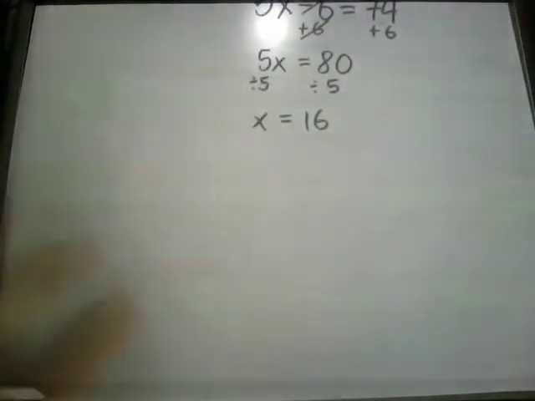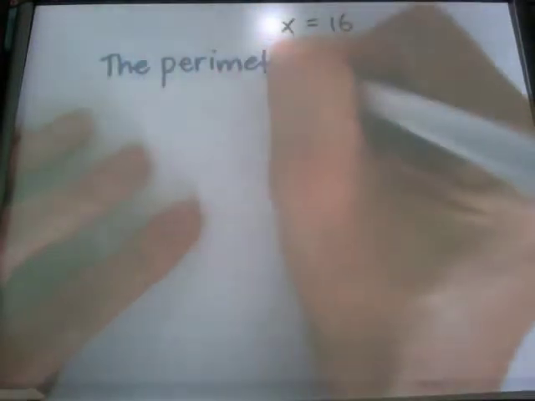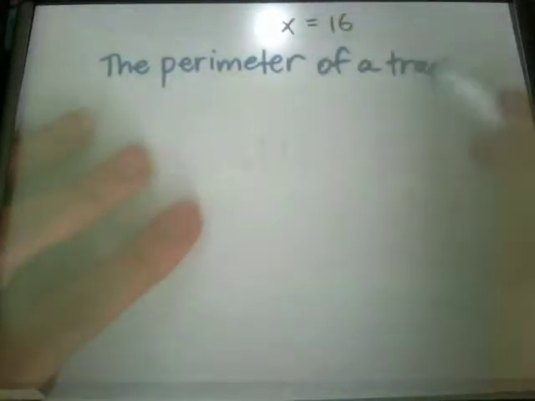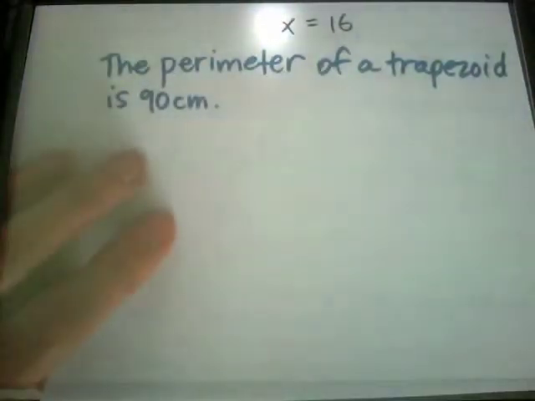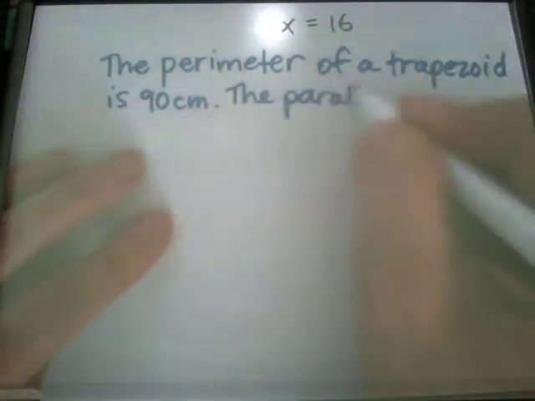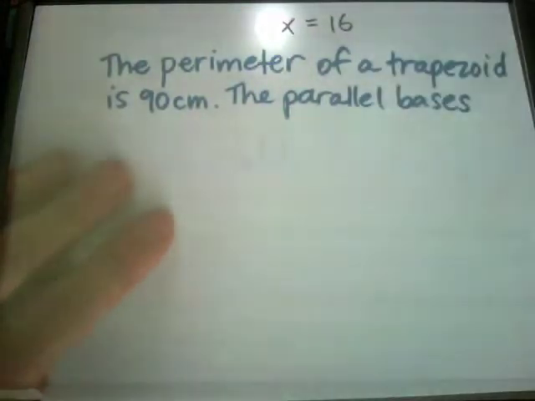Let's try one that is a little more geometrical. The perimeter of a trapezoid is 90 centimeters. The parallel bases, what? Don't worry, I'll remind you what a trapezoid looks like in a minute.